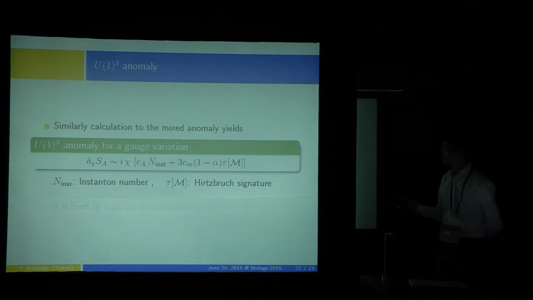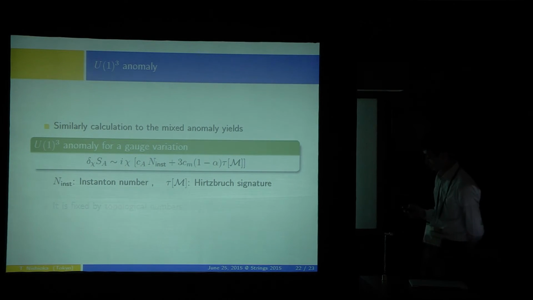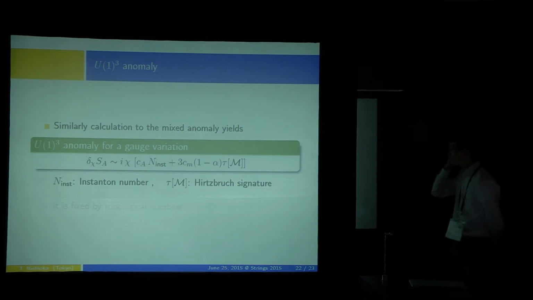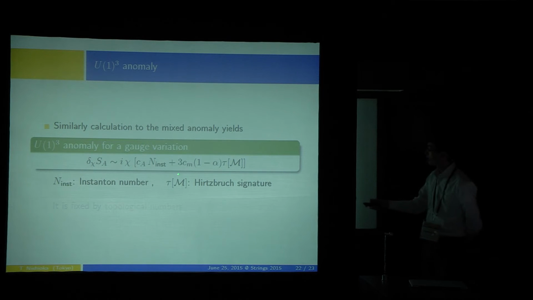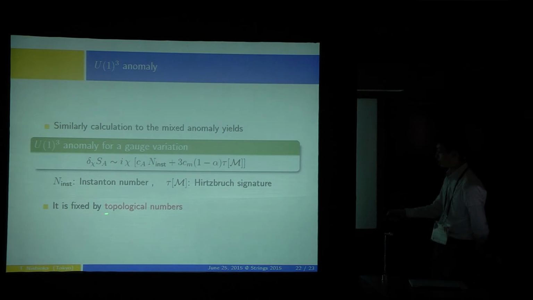Here I also assume that the instanton number does not depend on the replica parameter. This is my big assumption, which should be checked. Also, if I naively use a similar argument, you see the Hirzebruch signature of the manifold you start with, and it depends on alpha. This contribution comes from the U1 cubed anomaly, and this one comes from the mixed anomaly. Both depend on topological numbers.